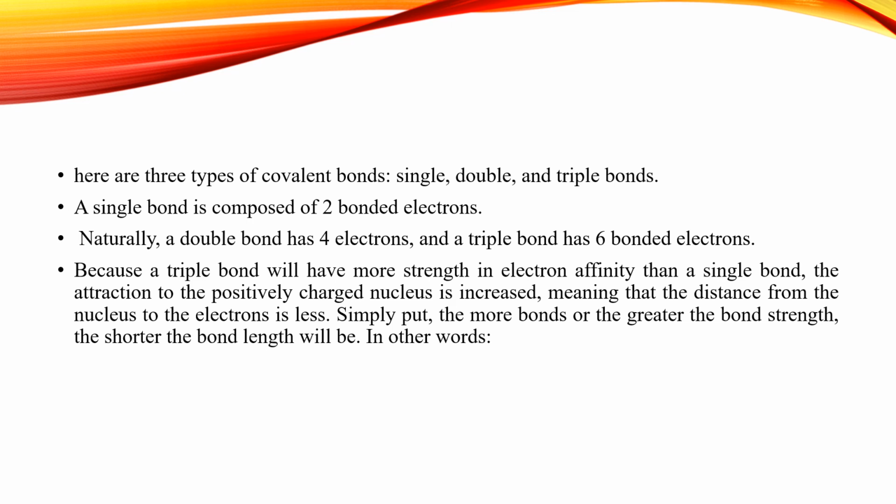Simply, the more bonds or the greater the bond strength, the shorter the bond length will be, right? In other words, bond length કેવી હોય? Triple bond ની ઓછી, double bond and single bond, right? Triple bond is less than double bond and less than single bond, right?